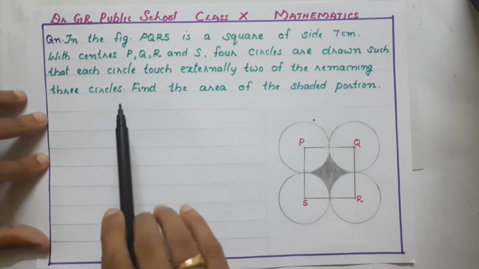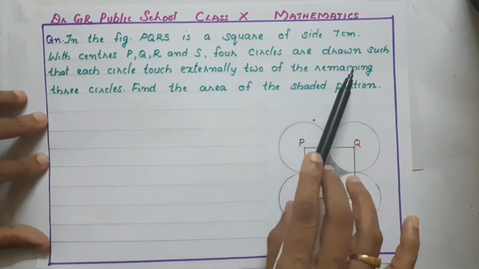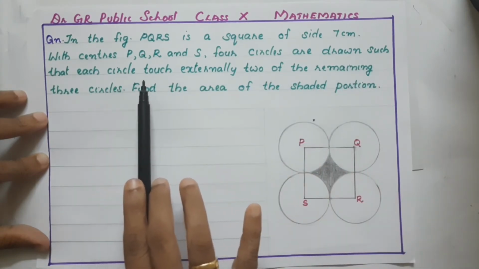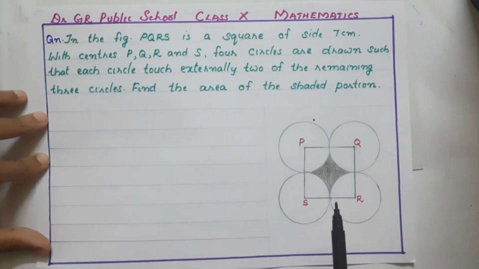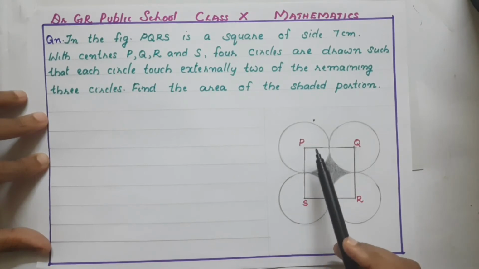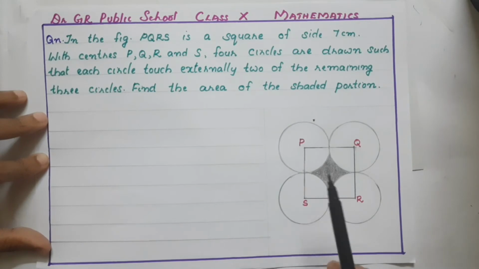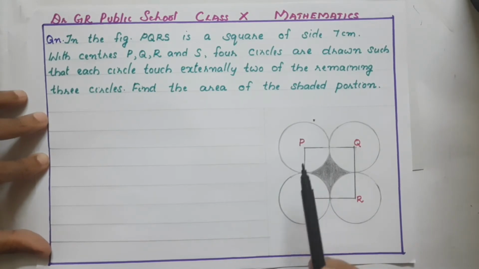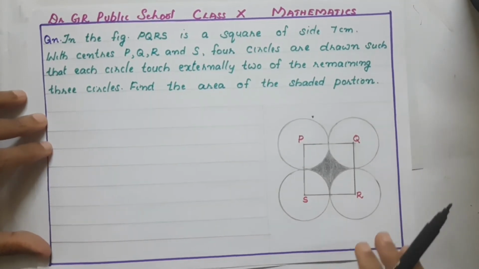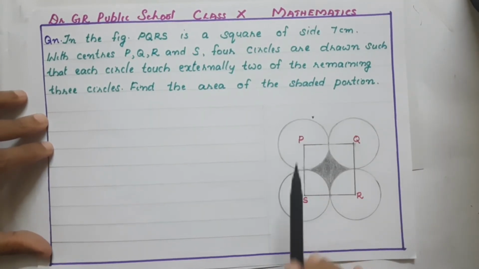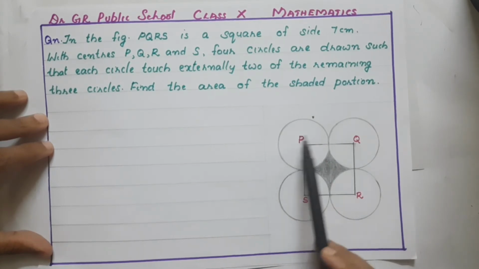Now you have to understand this property very well. 4 circles are drawn such that each circle touches externally 2 of the remaining 3 circles. So, if we want to draw according to this given condition, we have to draw the circles of the same radius. That you have to understand. Then only we can draw the 4 circles like this.